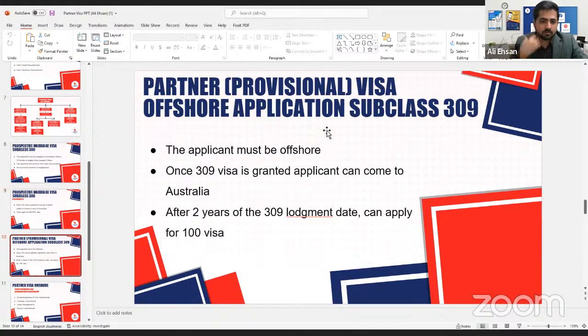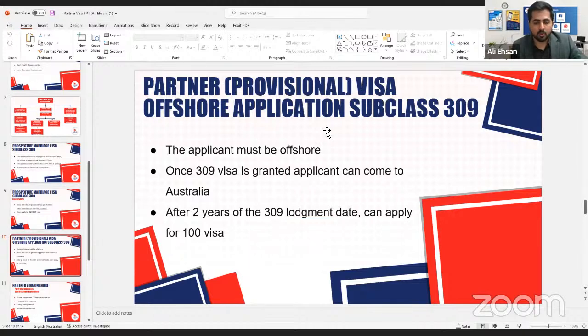For the offshore visa, as I said, the applicant has to be offshore at the time of lodgement. Let's say you are married or in a de facto relationship and your partner is offshore as of now, you can submit a 309 visa application while your partner is offshore. They can wait for the grant, and once it is granted, they can come to Australia and start living.